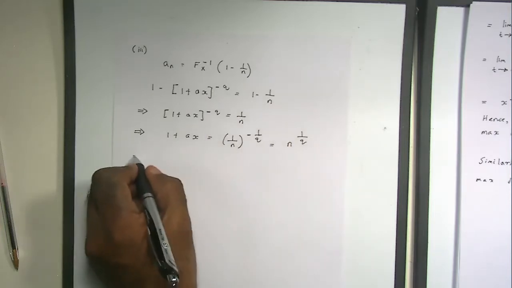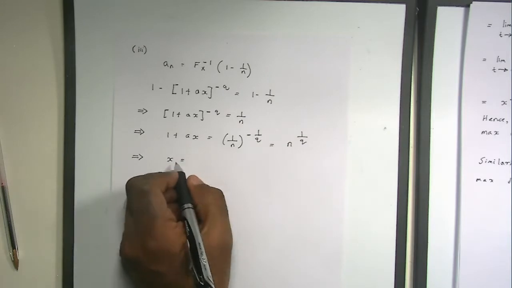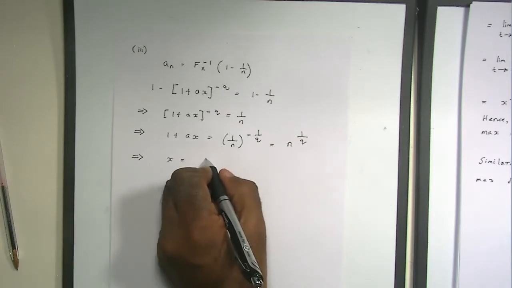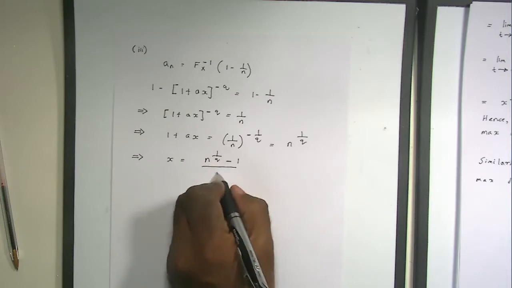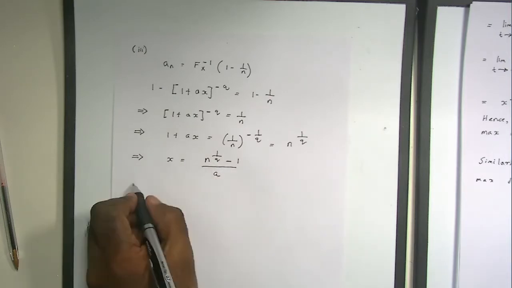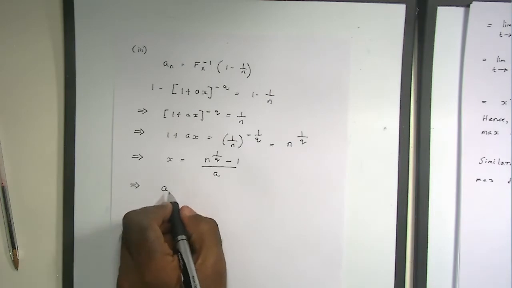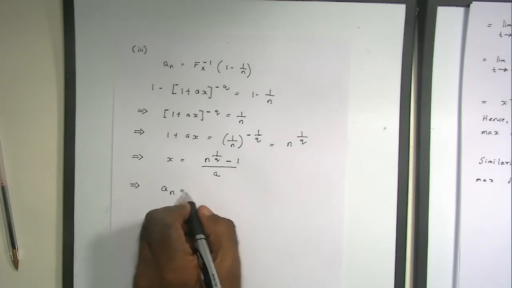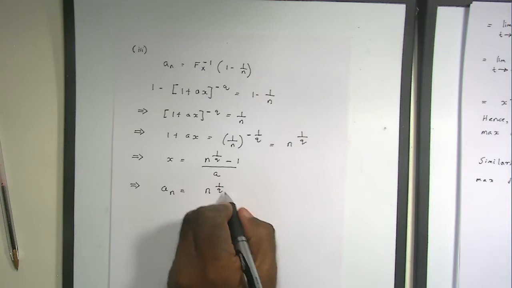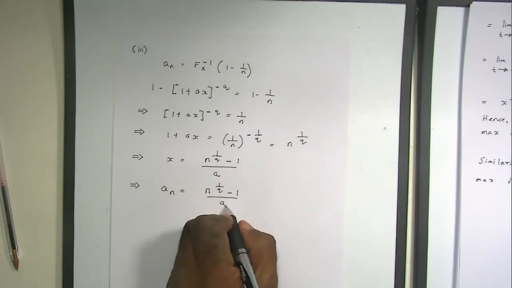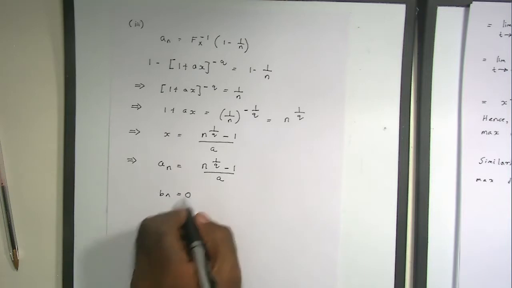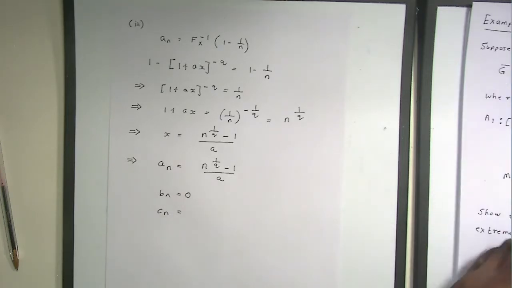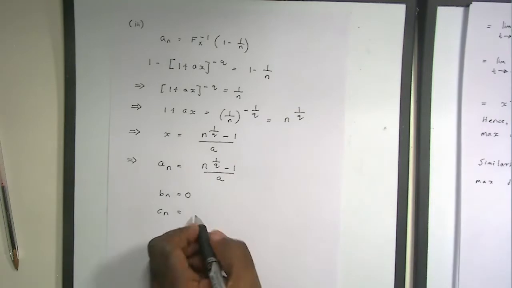Okay, so x is equal to n to the power 1 over q minus 1, divided by a. So your a_n is equal to n to the power 1 over q minus 1, divided by a. And your b_n is 0, and your c_n can be determined similarly using the same idea.